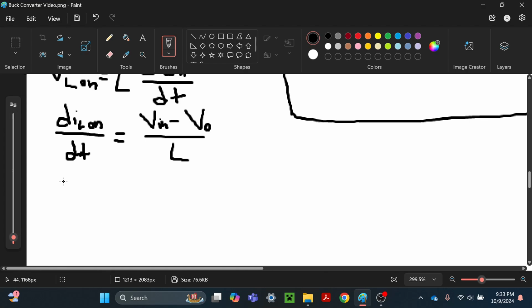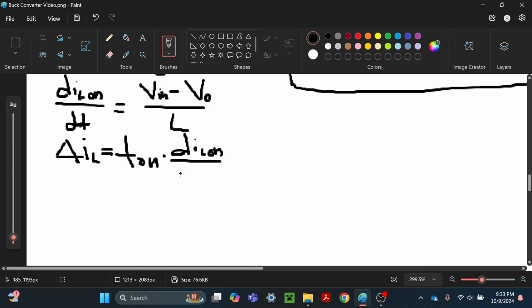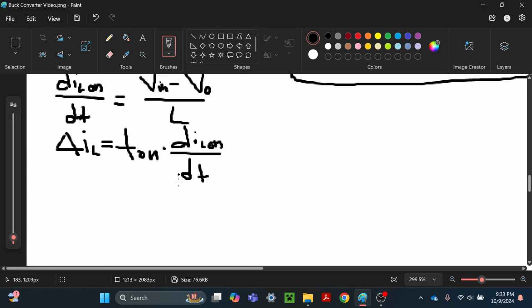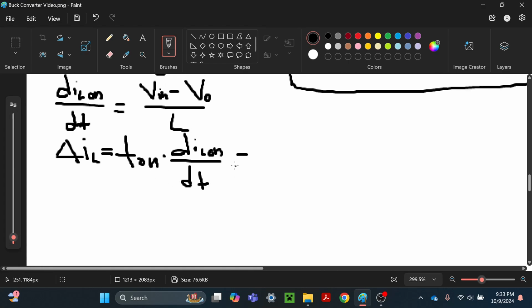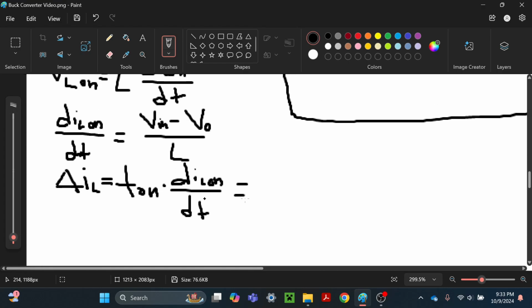So delta IL is going to be equal to T on times diL on/dt, which we solve with this. And then T on, remember, is D times the period T. Or we can simplify it even more.